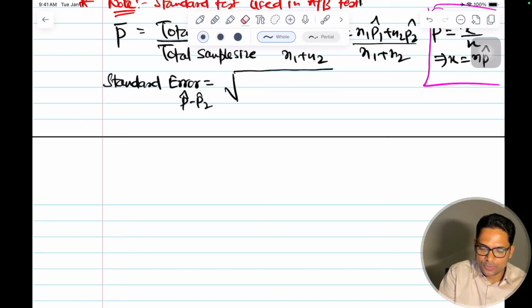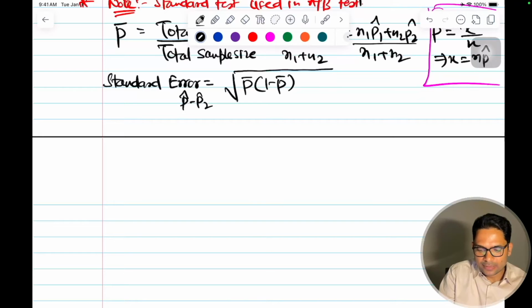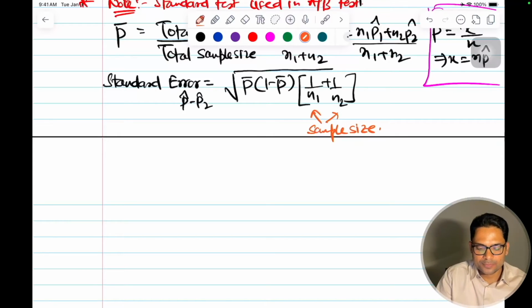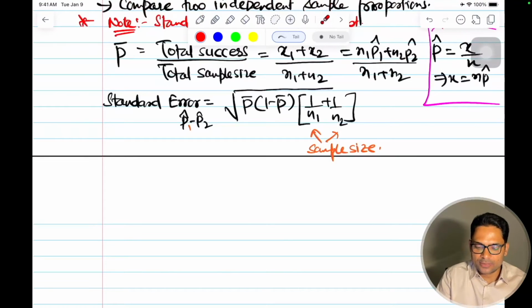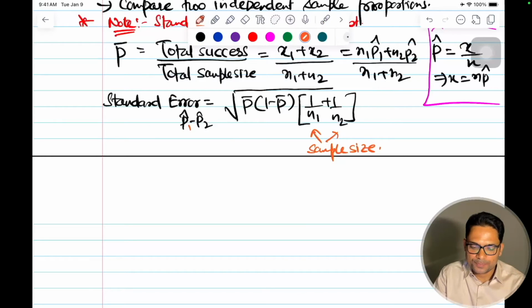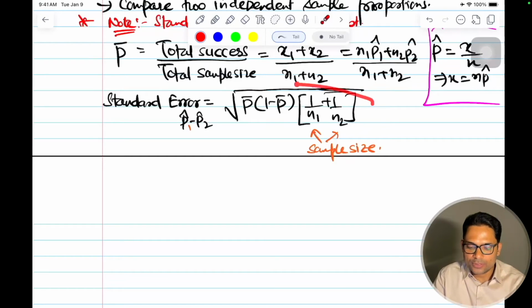These n1 and n2 are the sample sizes of the two samples, and p1, p2 are the proportions of the two, and I take an average of them. This is the way we take the proportions of both the samples into account and make it into one standard error.